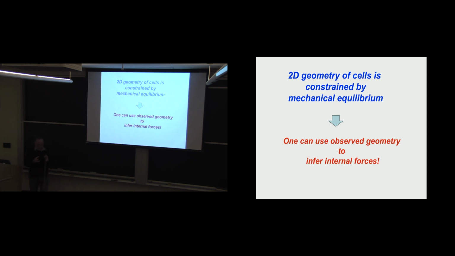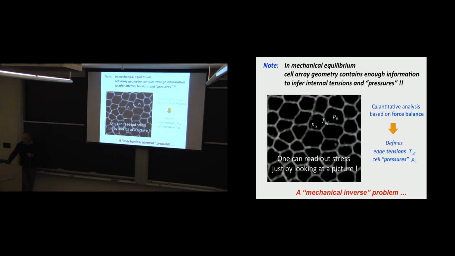So I just argued that this force balance constrains the shape of cells. So in fact, you can convince yourself that the geometry of cells is constrained so much that you can use the observed geometry to actually infer these internal tensions and pressures, right?